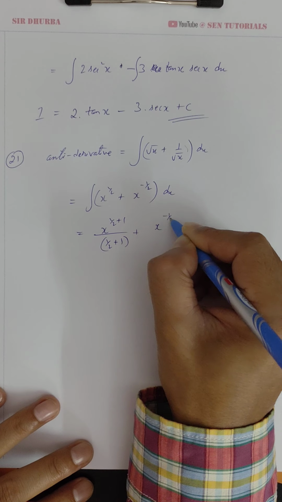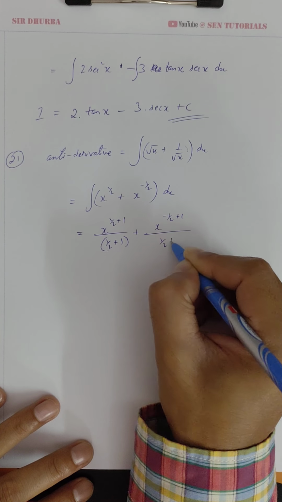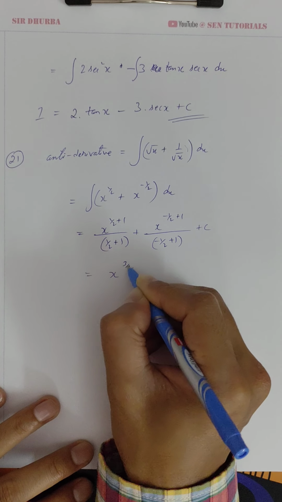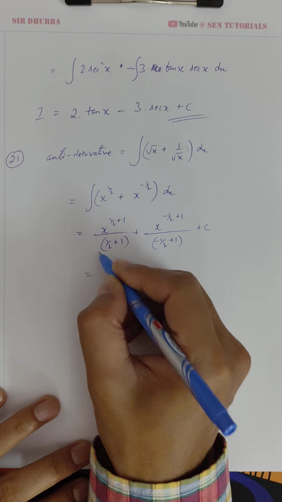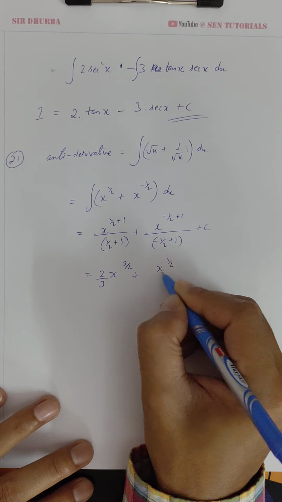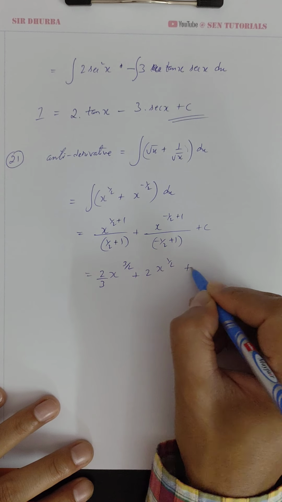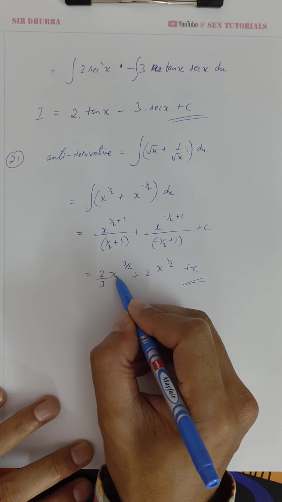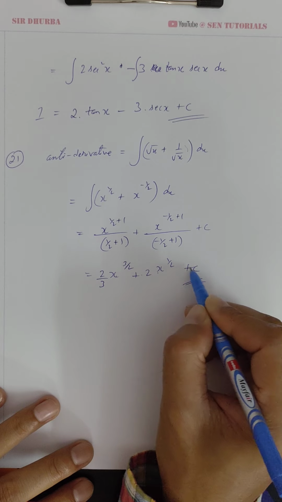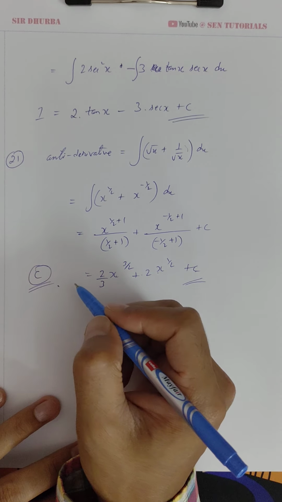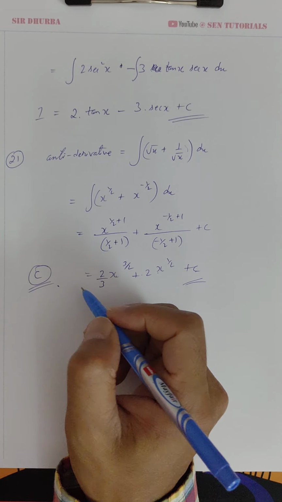A basic conceptual question. x power 3 by 2, here also you'll have 3 by 2, so take it to the numerator, 2 by 3. This one, take it to the numerator, 2. So do we have the option that is 2 by 3 x power 3 by 2 plus 2 x power 1 by 2 plus c? I think that would be option C, if I am not mistaken.